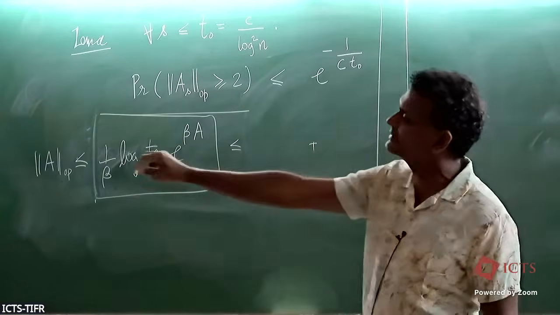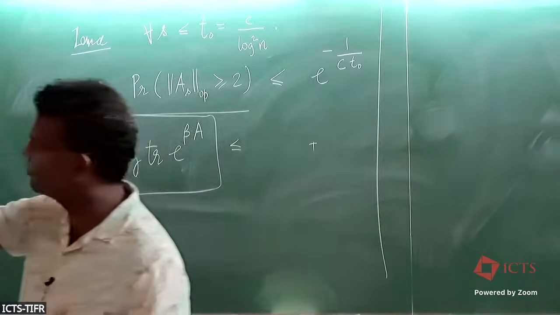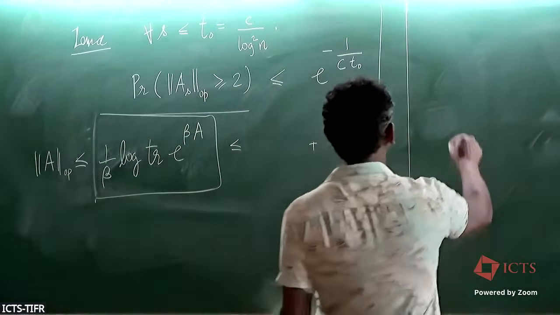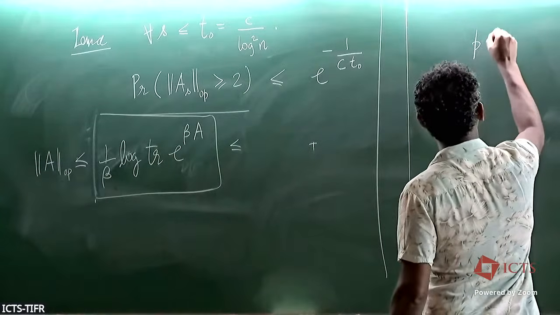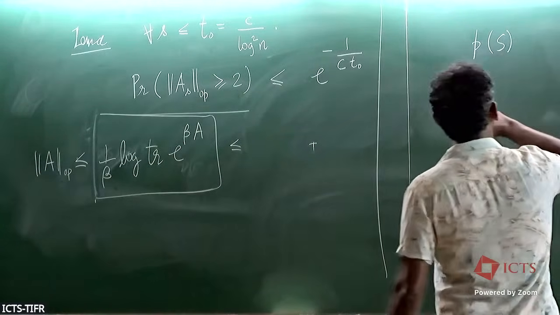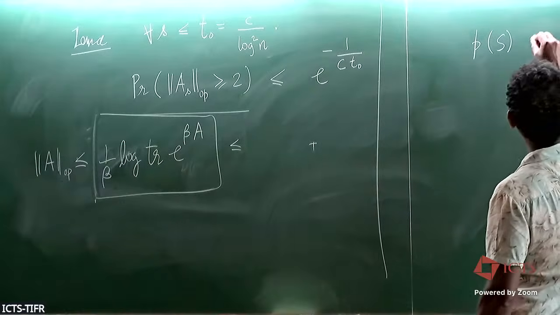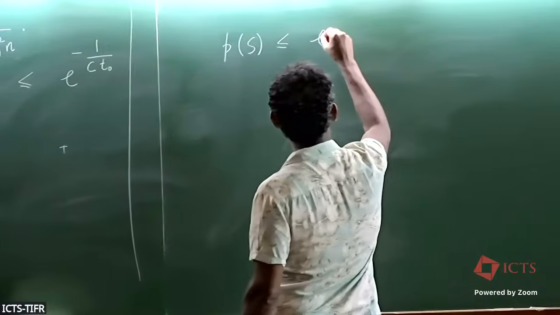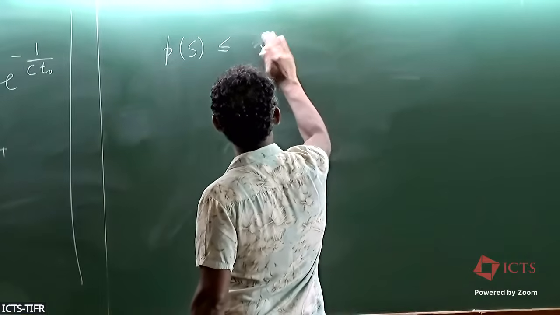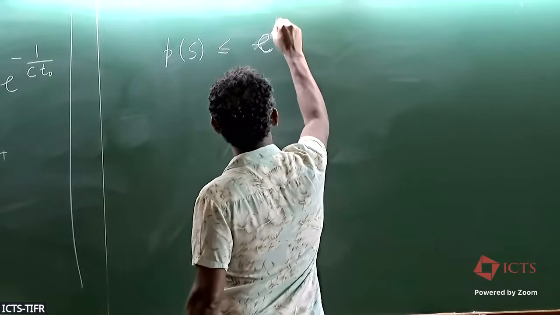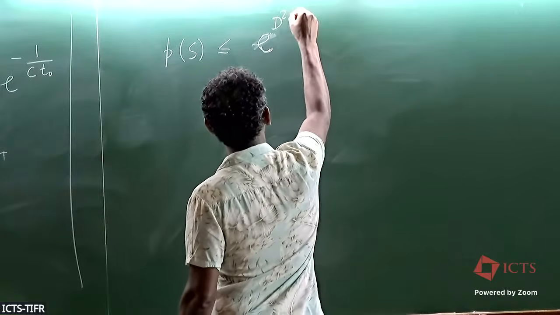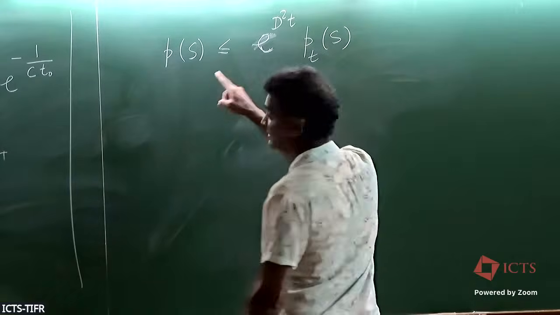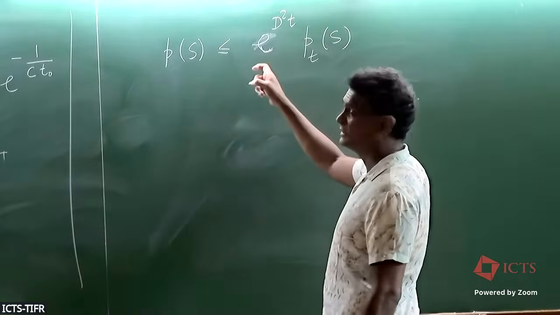if you do a slightly different analysis, a different way to bound the change in the set measure, you can show that the measure of the original set is at most e to the power of the diameter squared times p_t of S. This is for any set, not just a set of measure half.